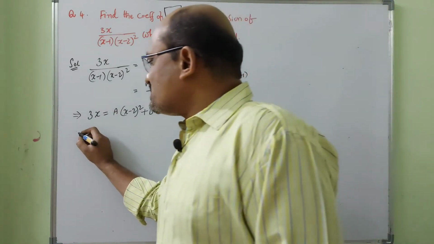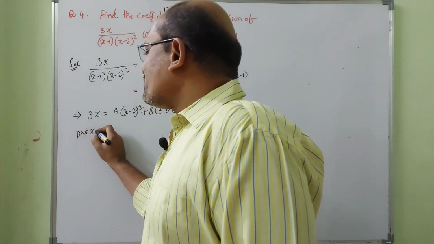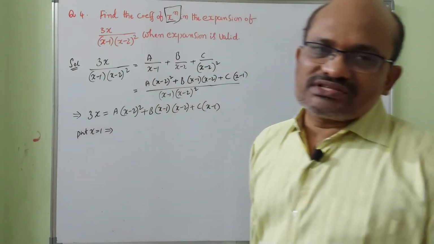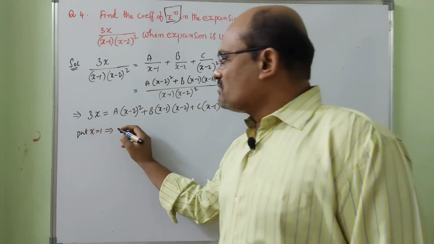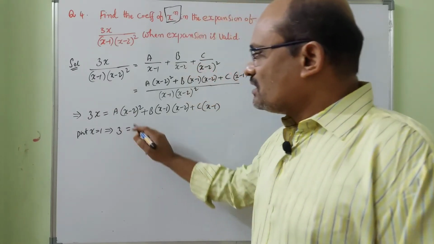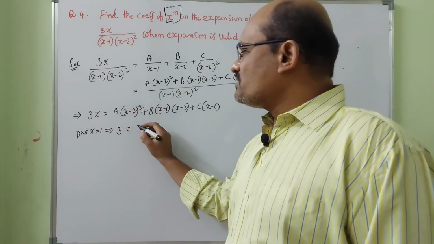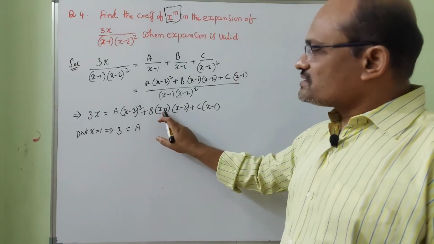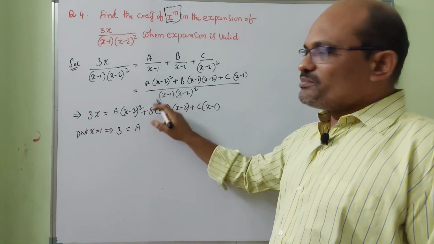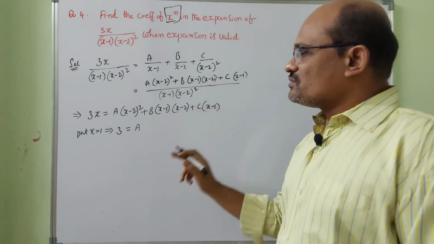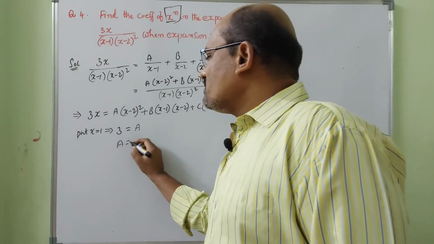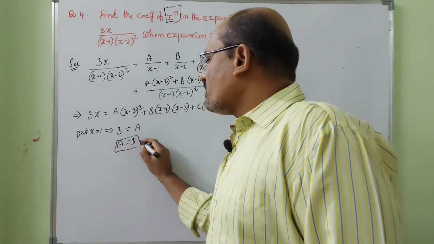For finding A, B, C, I will go for the substitution method. Put x equal to 1 on both sides. If you put 1 here, you will get 3. Put 1 here, 1 minus 2 is minus 1, whole square is 1, 1 into A is A. If you put x equal to 1, the second term becomes 0 and this also becomes 0. So directly I got the value of A as 3.